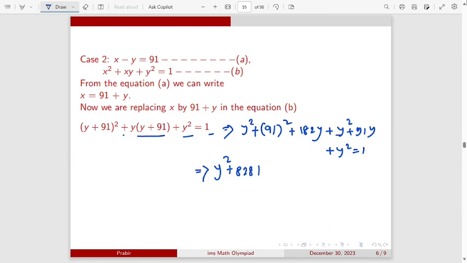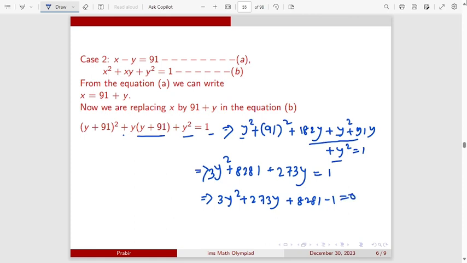How many y square do we have? 3y square. So we can write 3y square, and adding the two terms 182y and 91y gives 273y, and this is equal to 1. So we can write 3y square plus 273y plus 8281 minus 1 equal to 0.